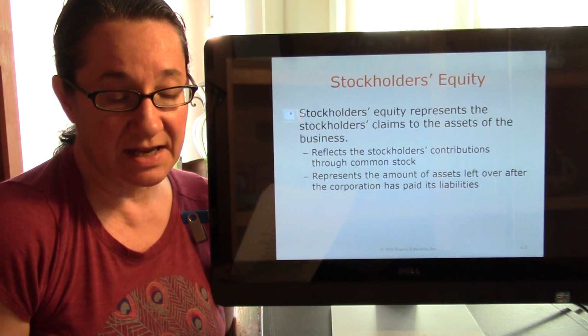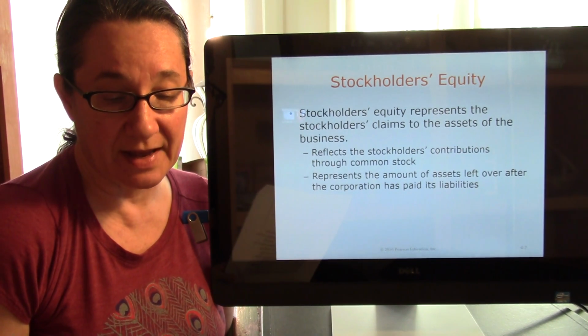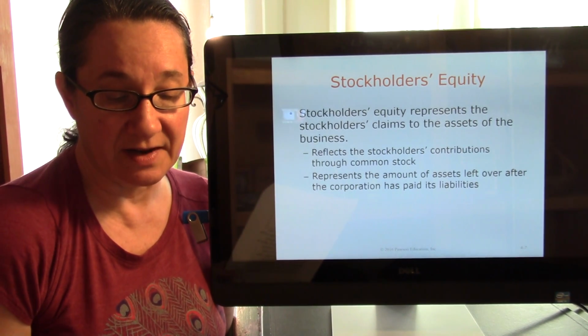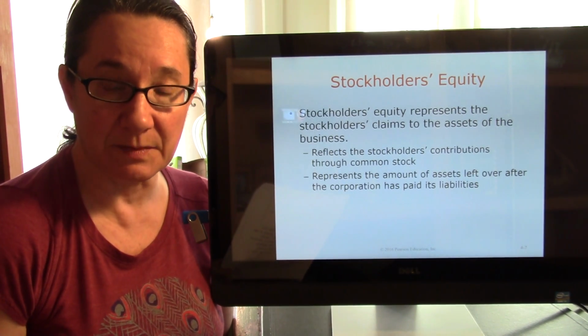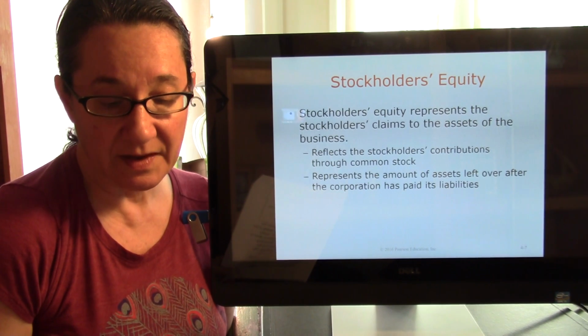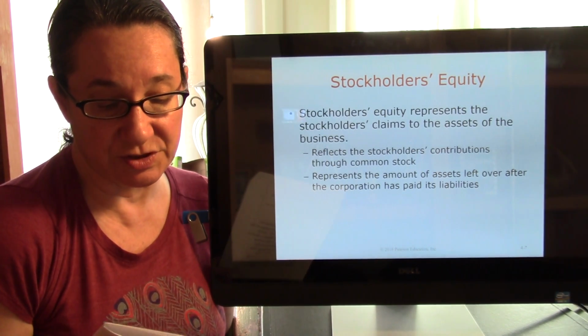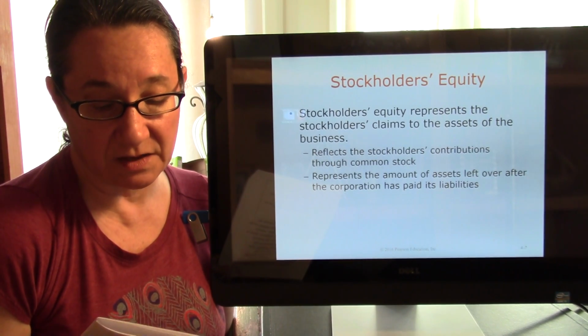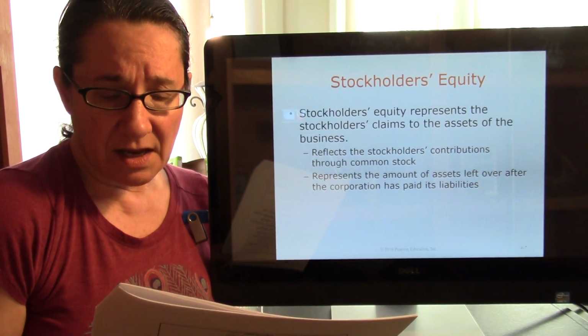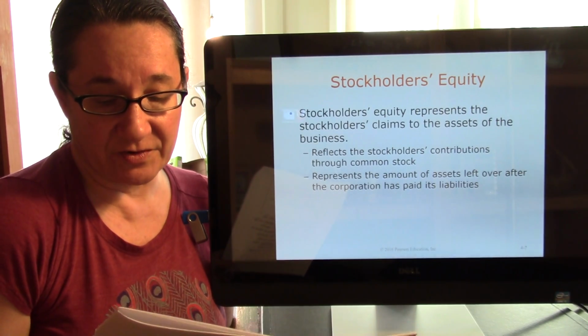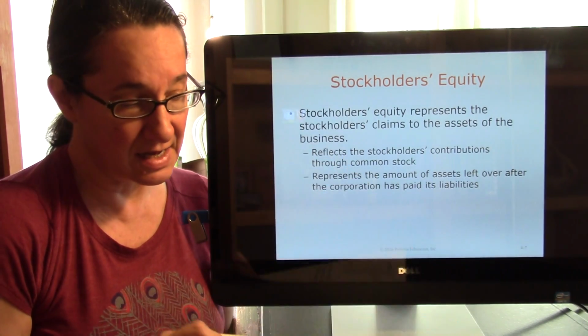The stockholders' equity section reported on the balance sheet is in part transferred from the ending retained earnings balance on the statement of retained earnings. The equity balance also reflects the stockholders' contributions through common stock. The equity section represents the amount of assets left over after the corporation has paid its liabilities.